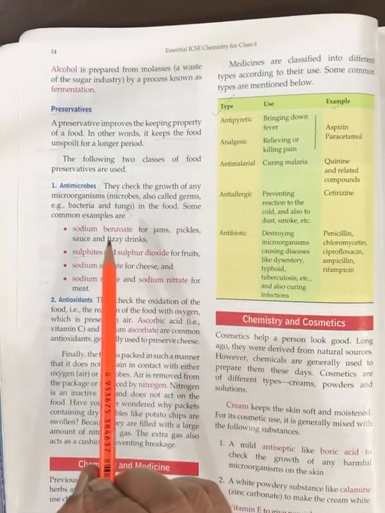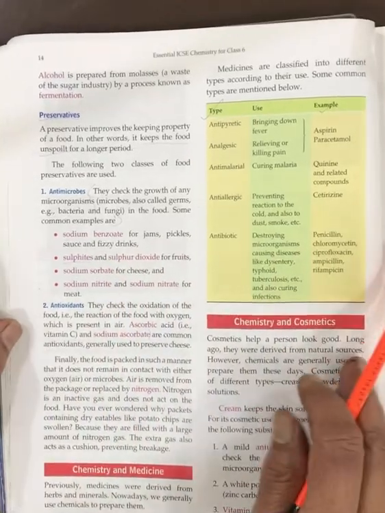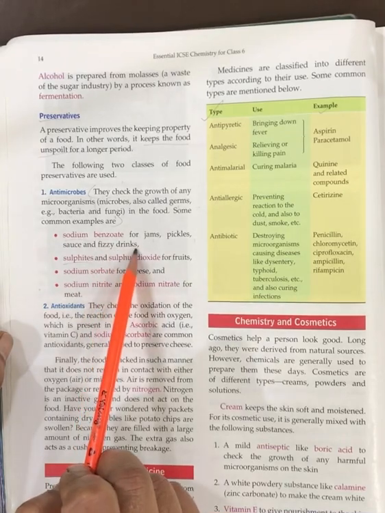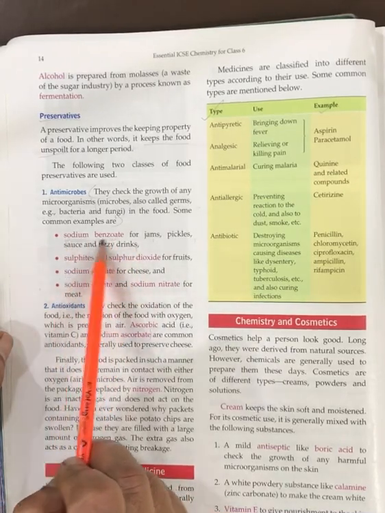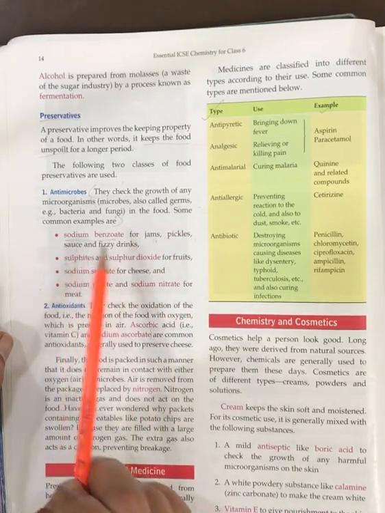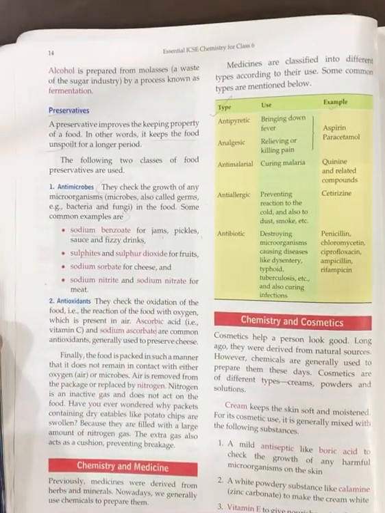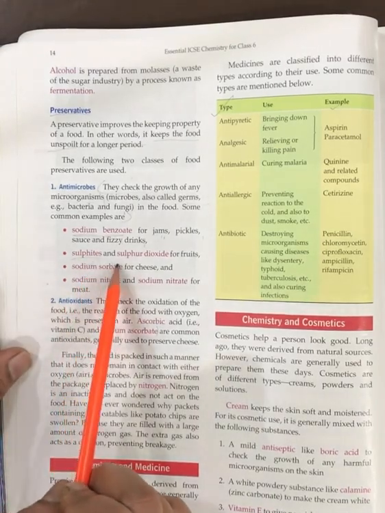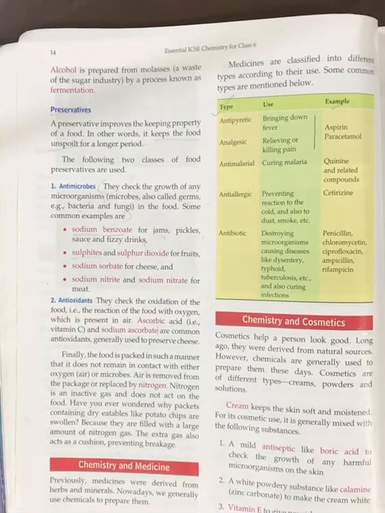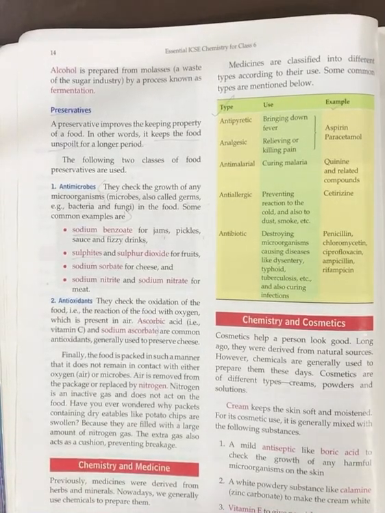Some common examples are sodium benzoate for jams, pickles, sauce, and fizzy drinks. So we add sodium benzoate to jams, pickles, sauce, and even our cold drinks. Sulfites and sulfur dioxide are used for fruits, to keep them free from microorganisms.